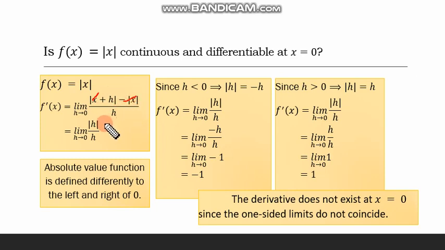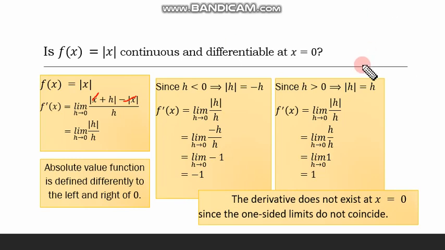What remains here is the absolute value of h over h. Now take note, the absolute value function is defined differently to the left and right of 0. It means that it has a different derivative value from the left side and a different derivative value from the right side.